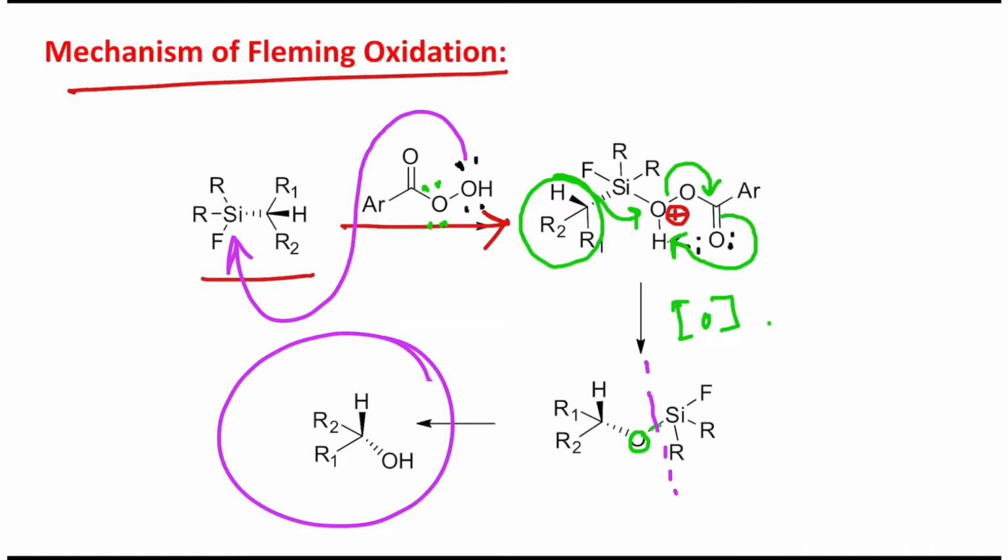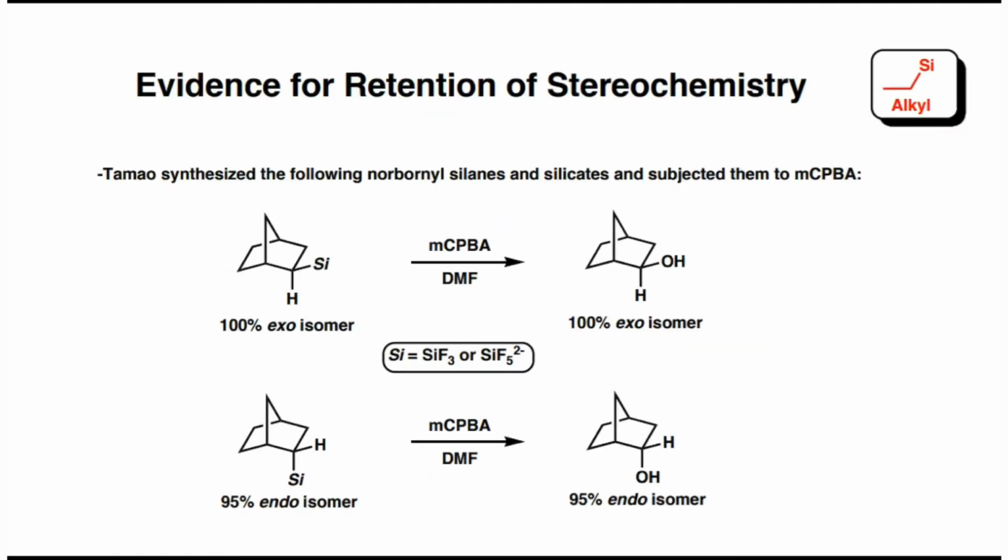So both mechanisms resemble each other quite well. Now what is the evidence for retention in stereochemistry? Because we are saying that groups are migrating with retention. What is the evidence? Tamao synthesized norbornyl silanes and subjected them to m-CPBA. m-CPBA is the oxidizing agent.